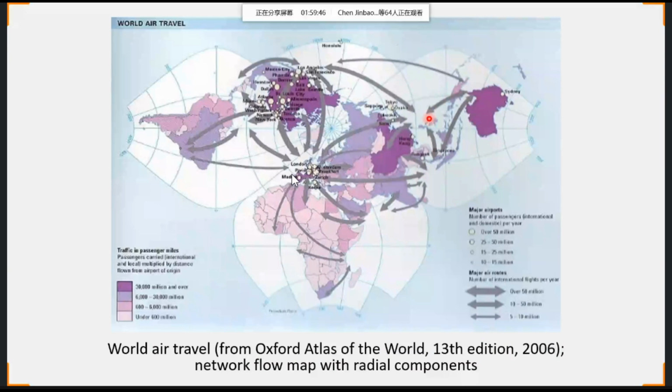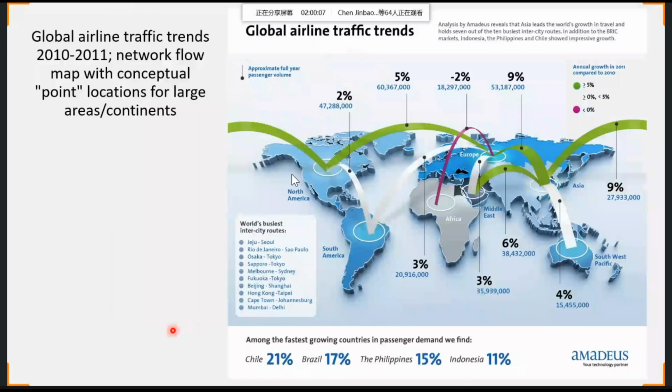So here, for example, it's just water, so they just show the direction. So it's a more general overview about the most important flows of air traffic. Also here you have this conceptual point location.